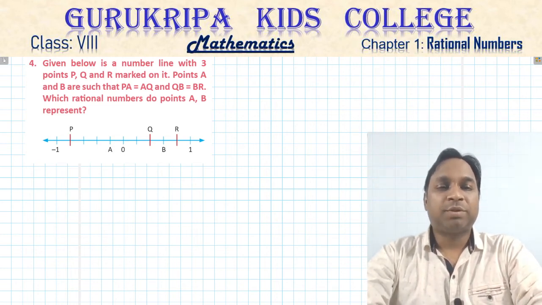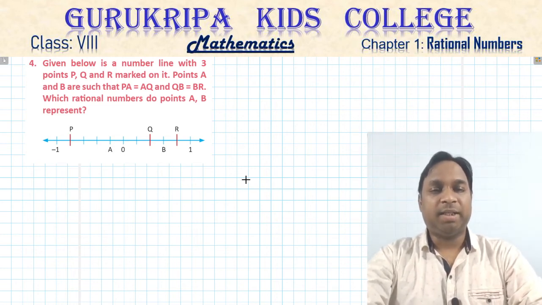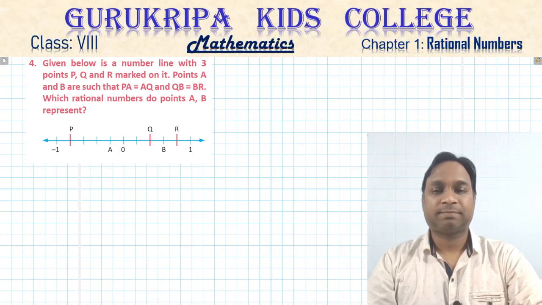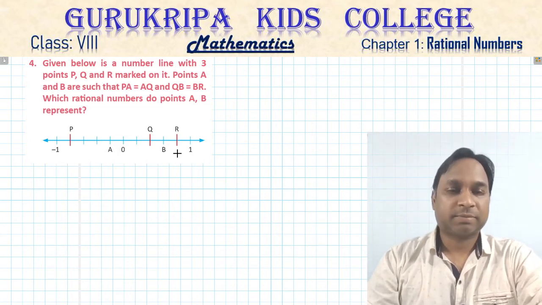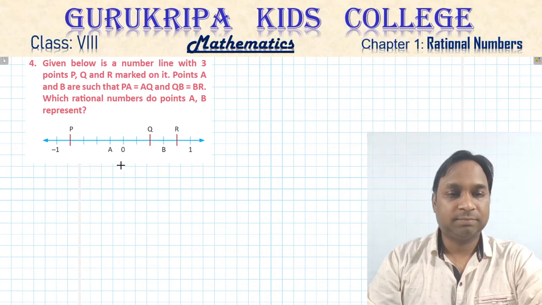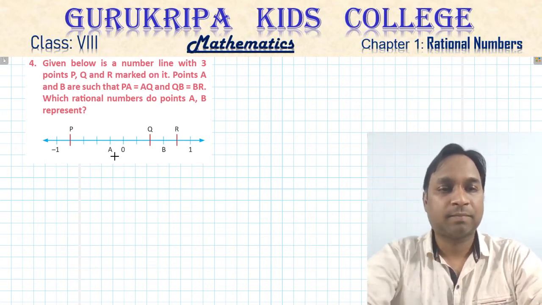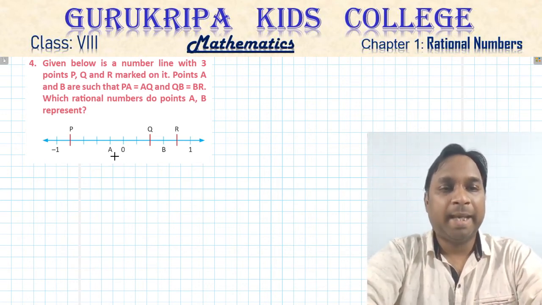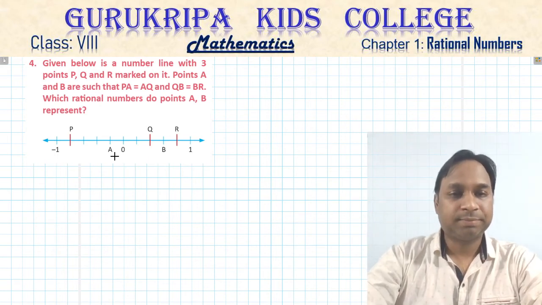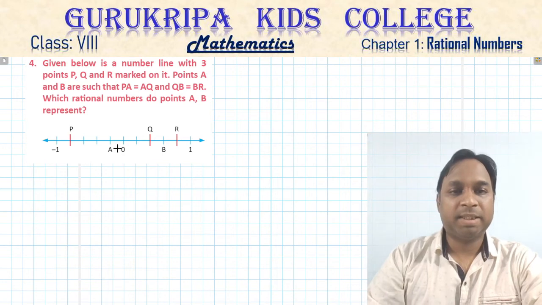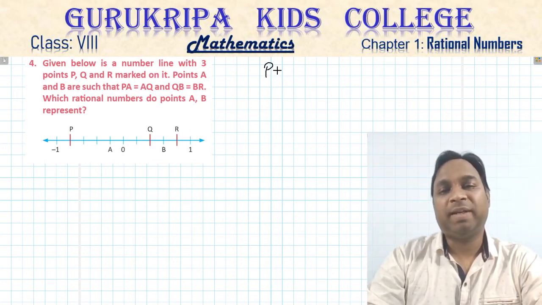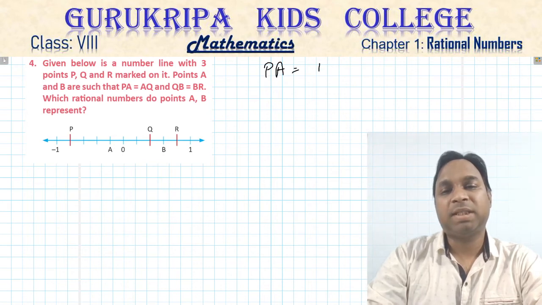Which rational numbers do points A and B represent? We have been given that PA is equal to AQ.